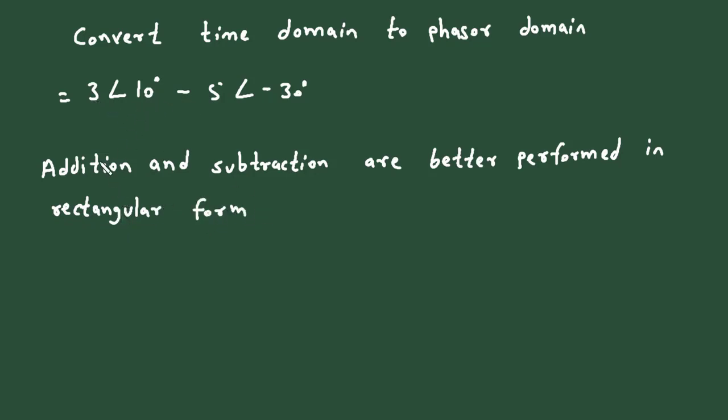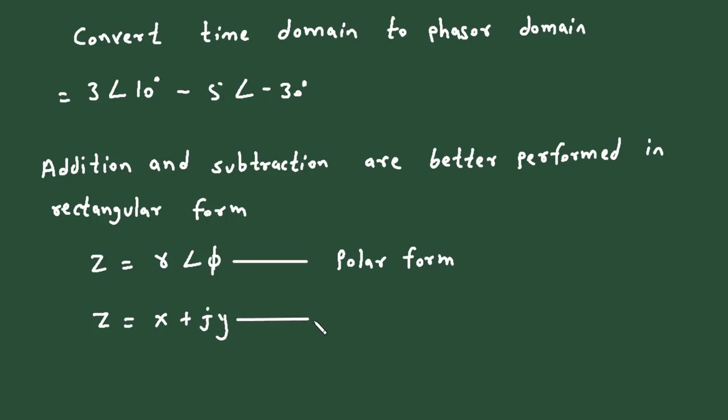So here this is given in polar form. So Z is equal to R at an angle phi. This is called polar form. And Z is equal to X plus jY. This is called rectangular form.